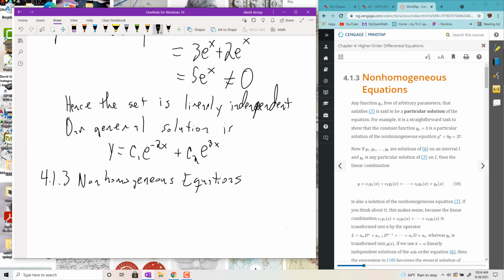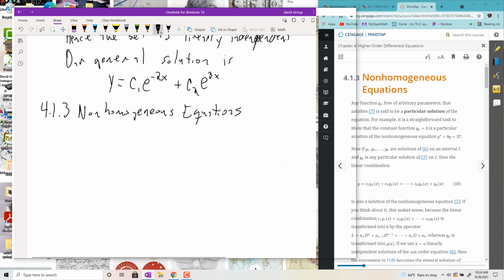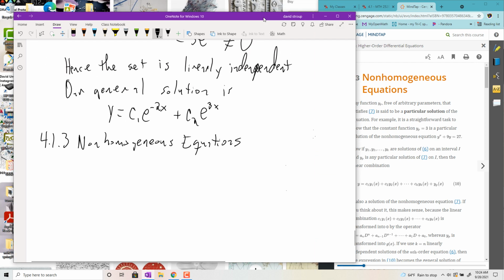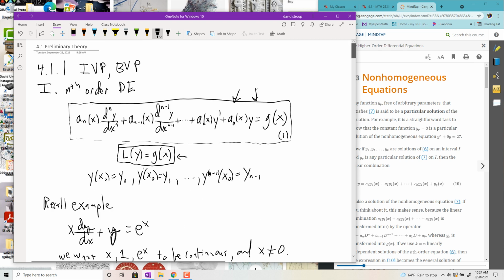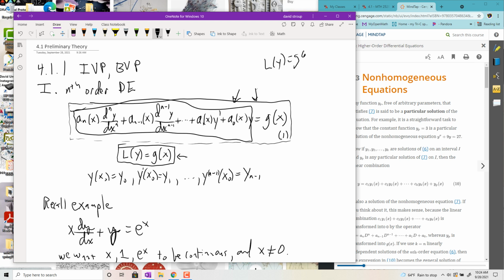So where L of y, if you remember, was the left-hand side, this thing. That's L of y. If it's equal to some function g of x, if you have L of y equals g of x, that thing is non-homogeneous.